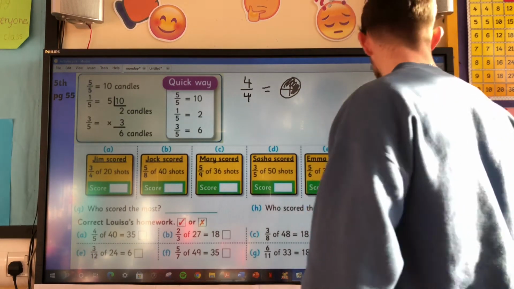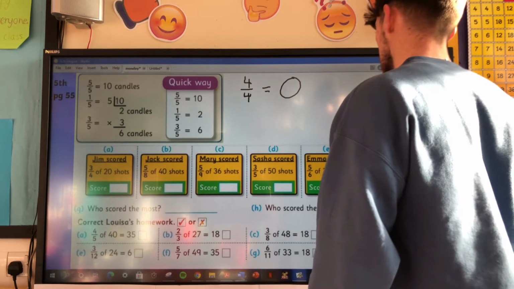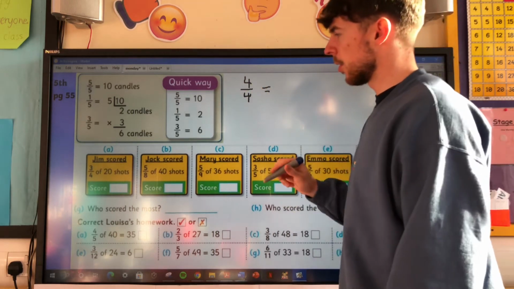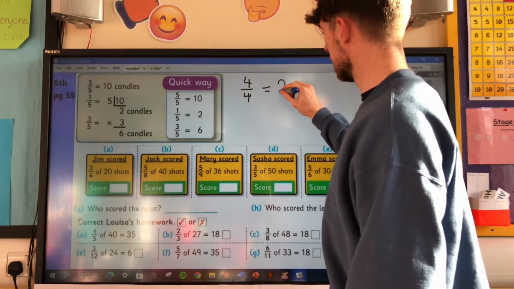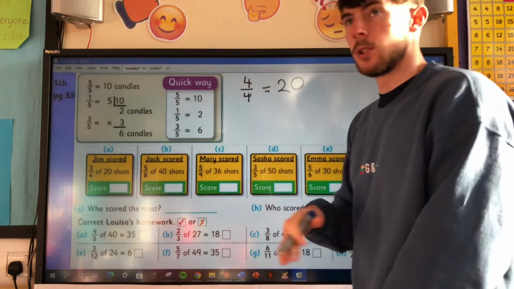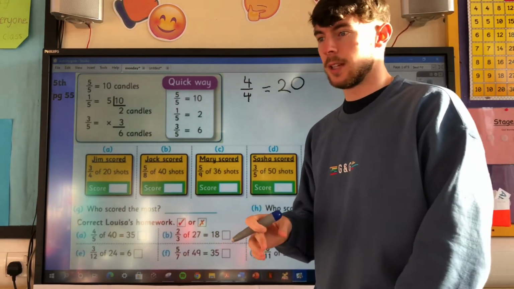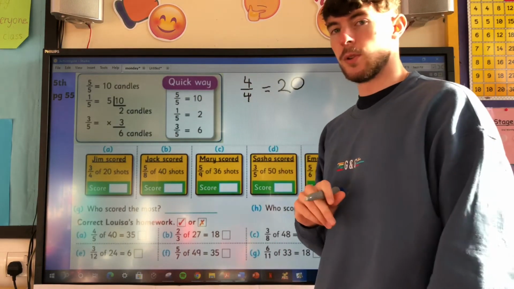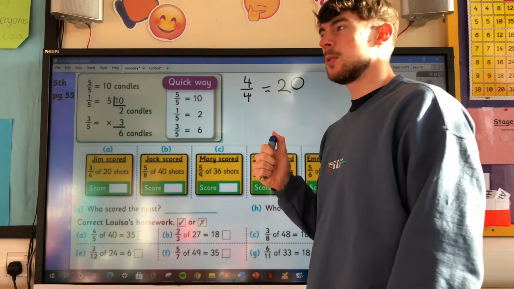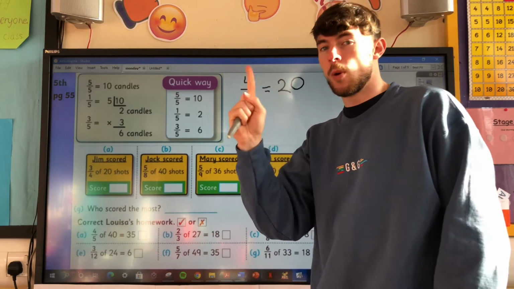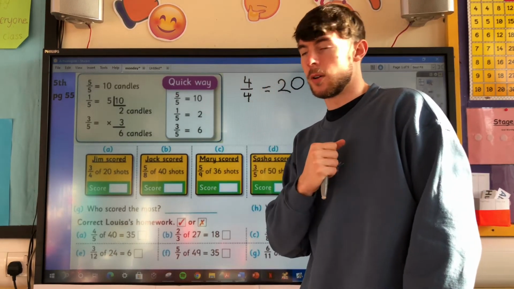So how we do this is we know that 4/4 is 20, because that's the total amount we took altogether. So that's 4 over 4. Now we're going to try find 1 out of 4, so 1/4.